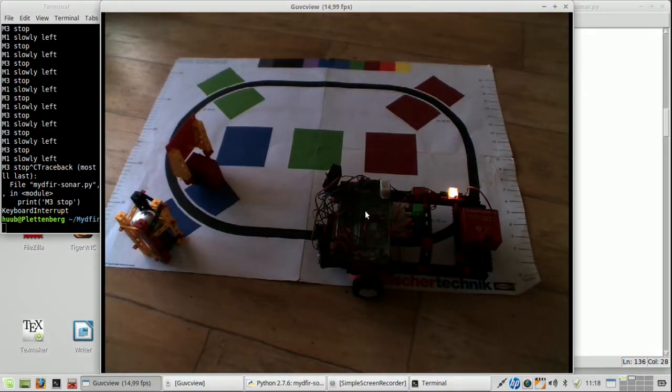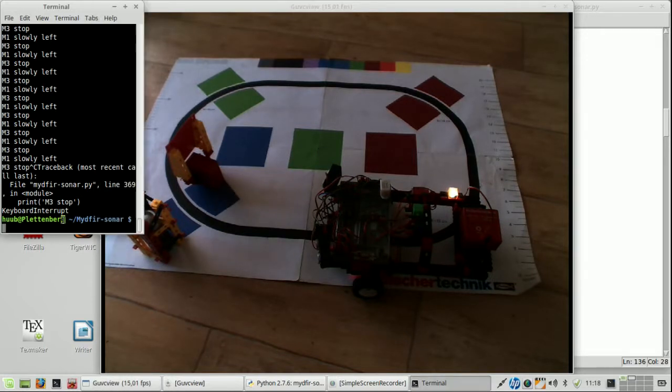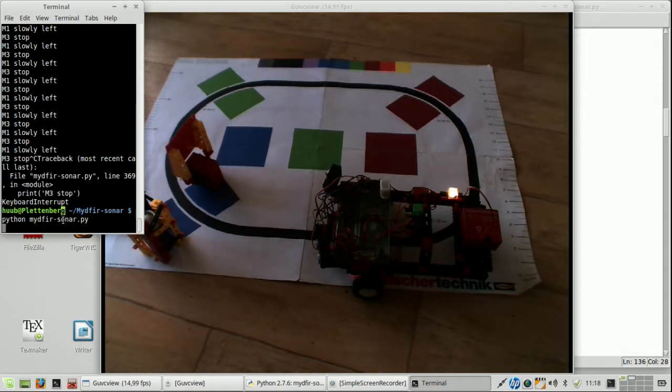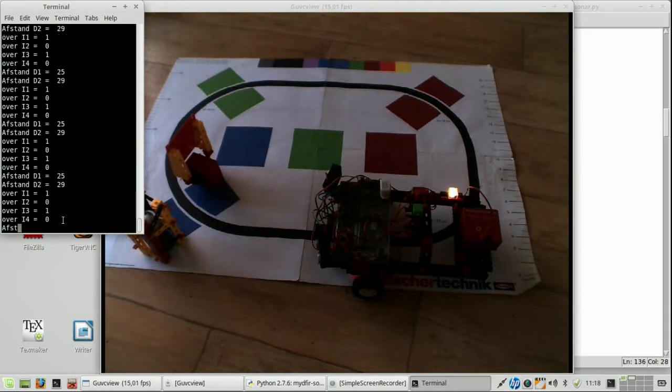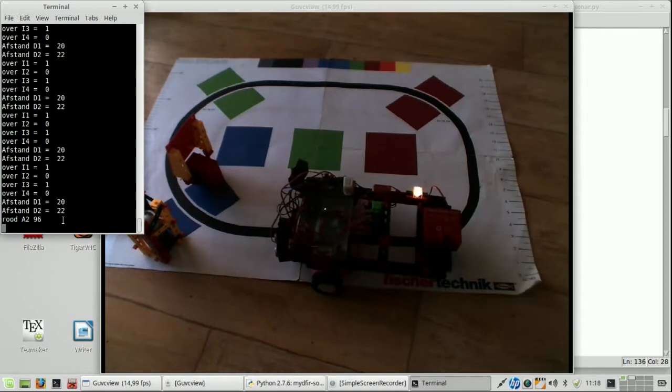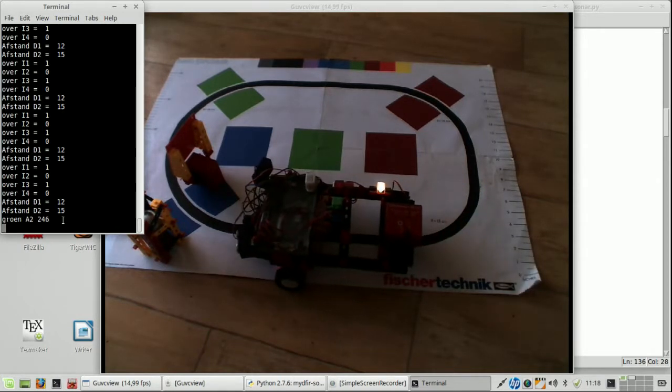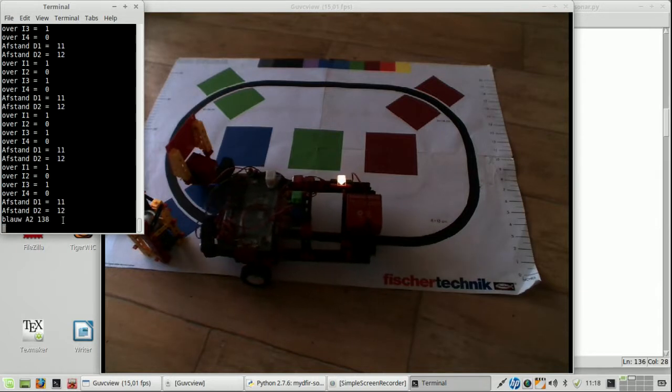Alright, so longer distance, possibly with cover. Let's see what happens. Interesting. Yes, it is indeed auto-correcting.